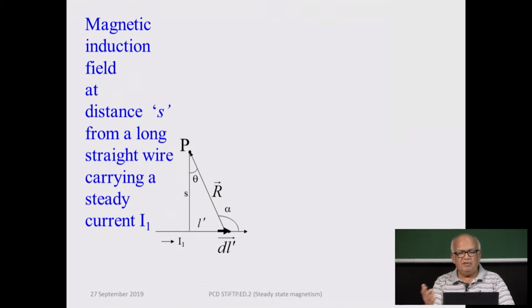So, we save the term magnetic field for a term that we will need later on, and in anticipation of that, we call this magnetic field B the magnetic induction field, and this is a magnetic induction field at a distance s from a long straight wire carrying a steady state current.